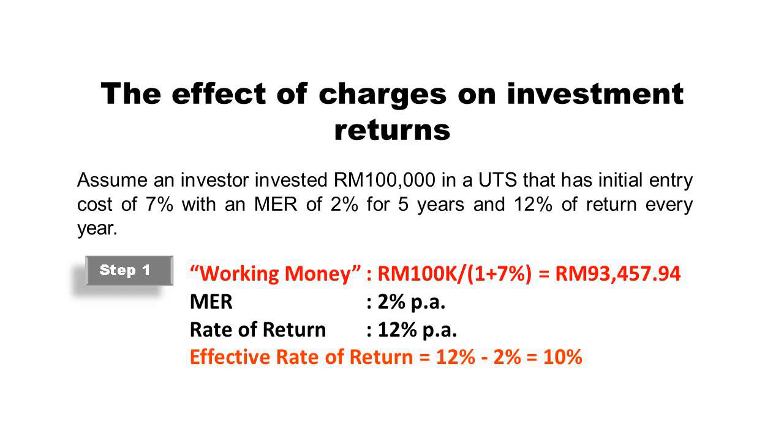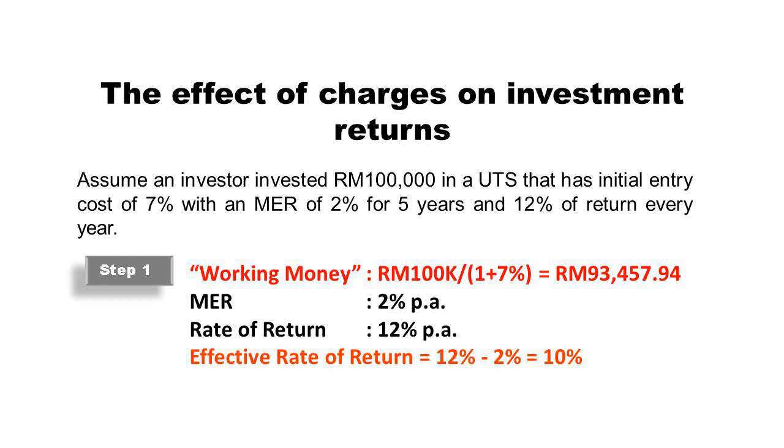So how to get your working money? Invested amount divided by 1 plus service charge. So 1 plus 7%, you get 93,457. Your 100,000 becomes only 93,000 invested. The 93, your net return is 12 minus 2, is 10%. So your 93 times the 10% for 5 years.